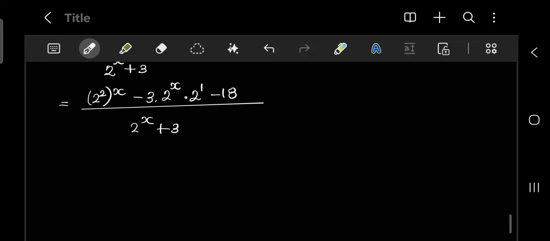In the next step, I want to get rid of this bracket, and I am going to apply this particular law of exponents that says that when we are raising a power to a further power, we multiply the exponents. Another way of looking at this is that a bracket means multiplication, so we multiply those exponents together. So that is going to give me 2 to the power 2x.